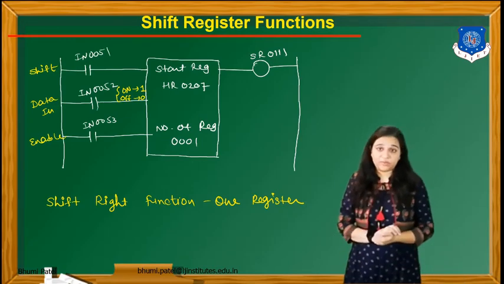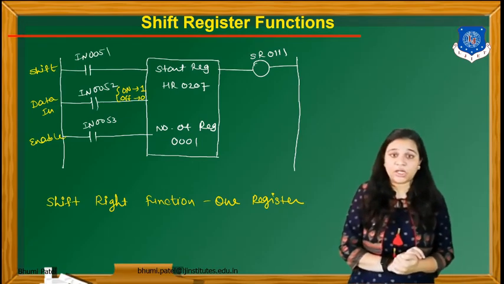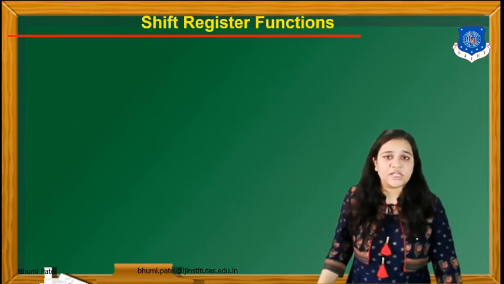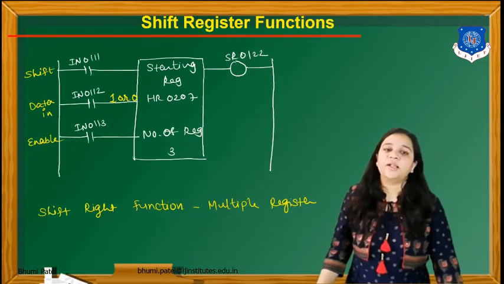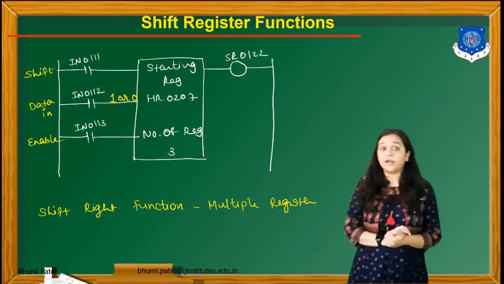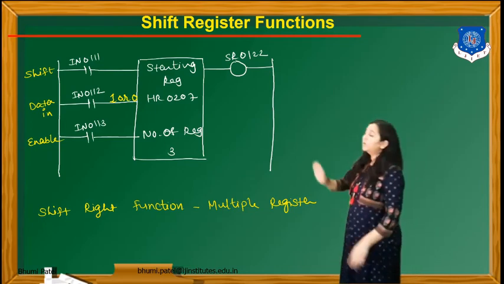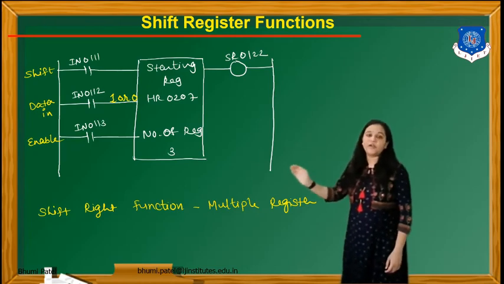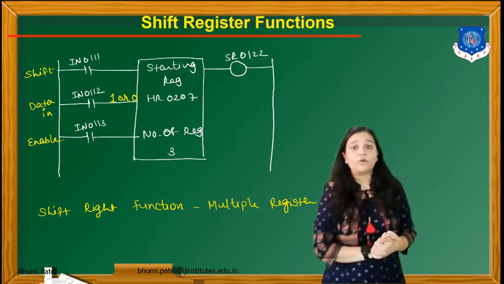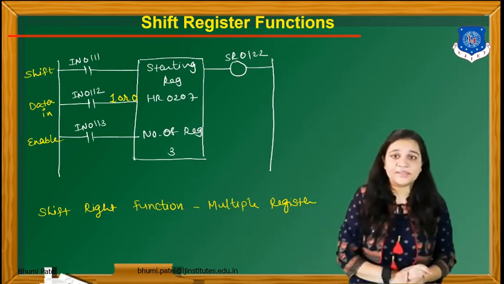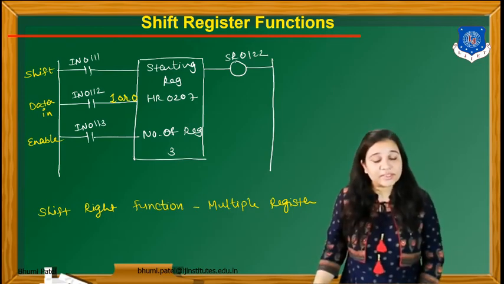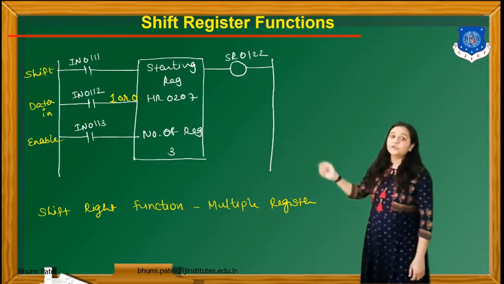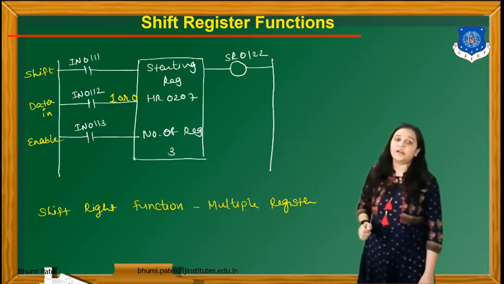Now if we have to shift the register for multiple registers, we use the shift function for multiple registers. Here the input is the same: shift, data in and enable. In the block format we write the starting register address, HR0207, and the number of registers will be 3.